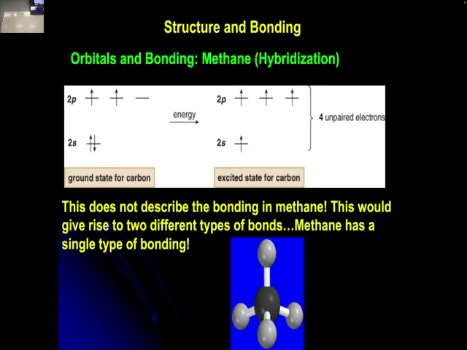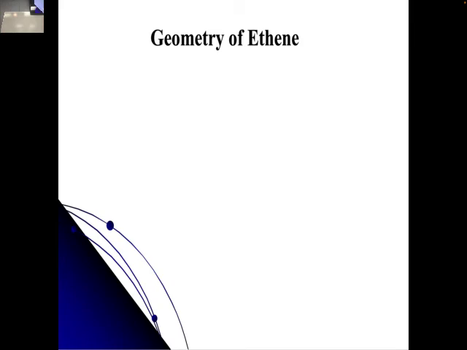It's the shape of the tetrahedron. So what happens? These orbitals hybridize into what we call sp3 orbitals. And we'll talk a little bit about that in a moment. But an sp3 orbital is shaped so that they point at 109 degrees. And that's how you get the shape of methane.